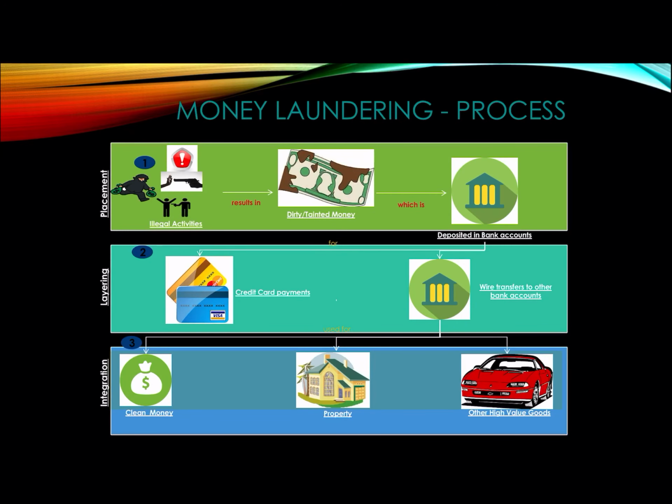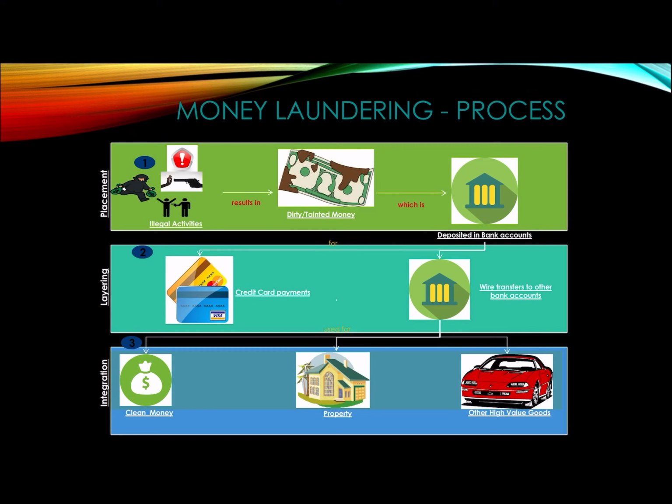So that would result in black money, dirty money, right? So in the placement stage, the money launderer would introduce money into the financial system, where he would deposit money in a bank account in the first stage, right?